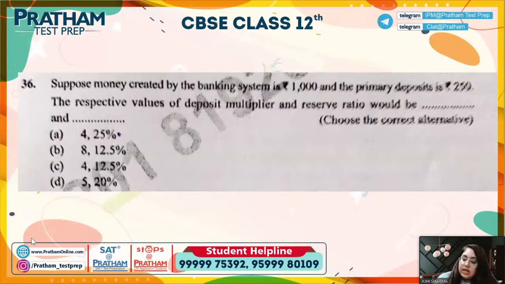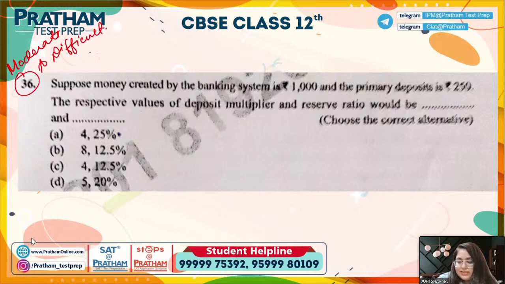Okay. Now question number 36, I would say अगर आपने ये प्रैक्टिस किया होगा तो आपके लिए इजी होगा. अदरवाइज मैं इस पर्टिकुलर क्वेश्चन को रखूंगी फ्रॉम मॉडरेट टू डिफिकल्ट साइड. The question is that suppose money created by the banking system is ₹1000, and primary deposit ₹250 उन्होंने रखा है. The respective value of deposit multiplier and reserve ratio would be dash.